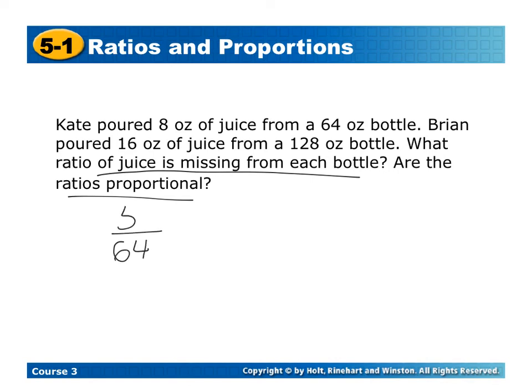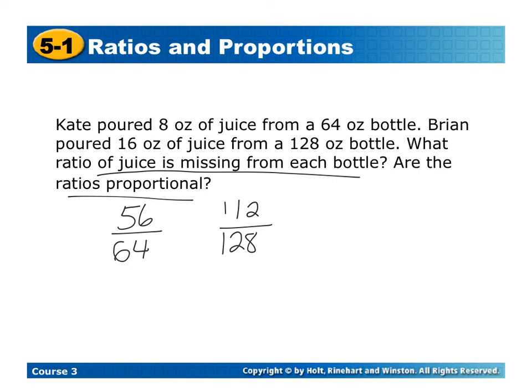So since it's talking about juice that is missing, here we have 64 ounces. If we took the 8 ounces out, we have 56 ounces left. And we want to know, is that proportional to having a 128-ounce bottle with 16 ounces missing, which is going to give us 112 ounces. So now we need to reduce both.